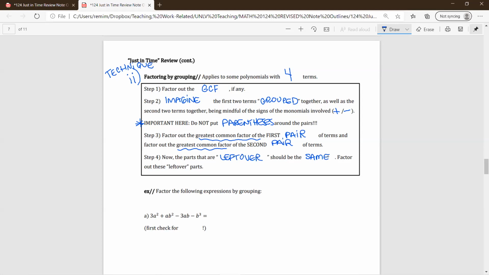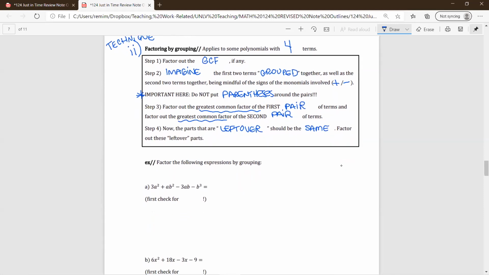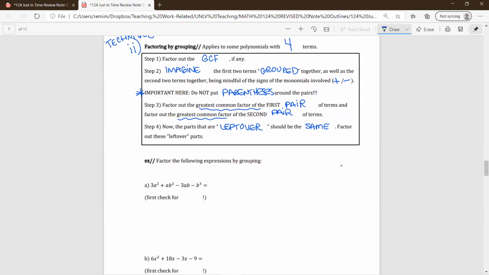And so if they are the same, then that means you're going to be able to factor them out. So you'll factor out those leftover parts that are the same. It's kind of hard to understand exactly what's going on in these 4 steps until we do an example. So let's just go ahead and do an example.